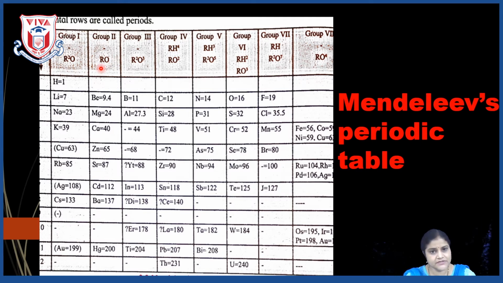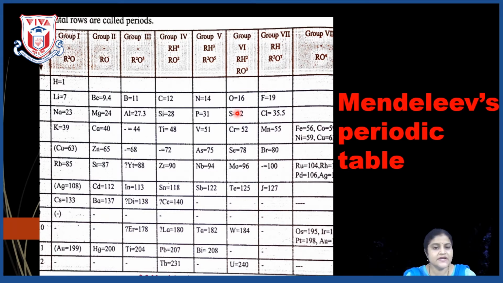That means the element of group 2, R, and oxygen form a compound, and it gives RO. As both have valency 2, when we crisscross it, we get the compound as RO. Okay, so these were the points of the classification in Mendeleev's periodic table.